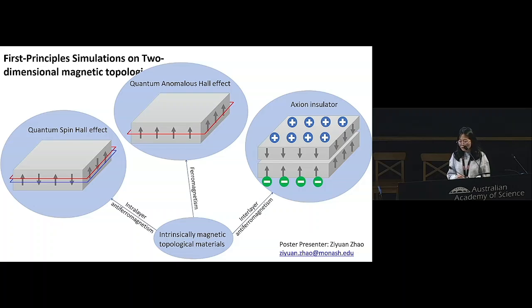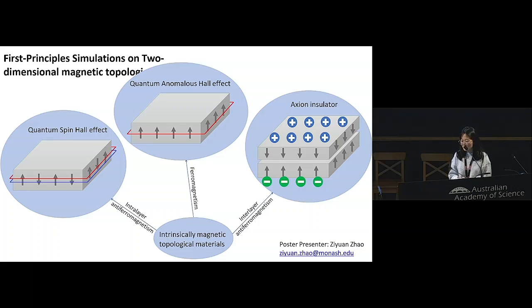However, so far only limited magnetic topological materials have been found. The synthesis and measurements in experiments are very challenging, so it makes the simulation works particularly important.